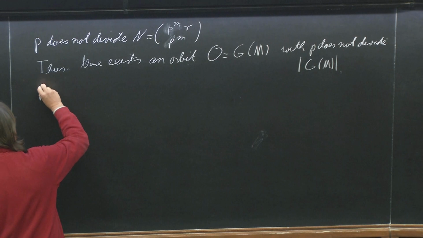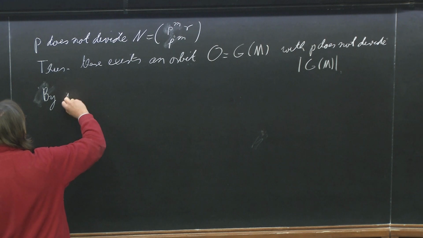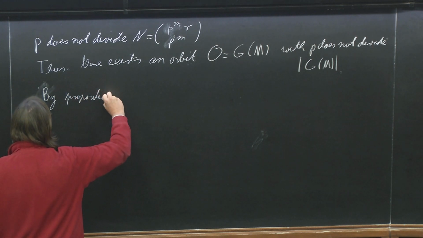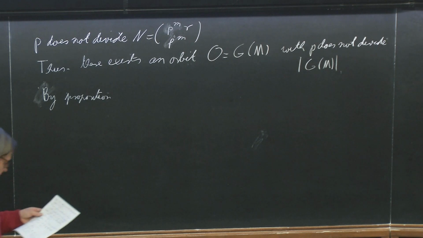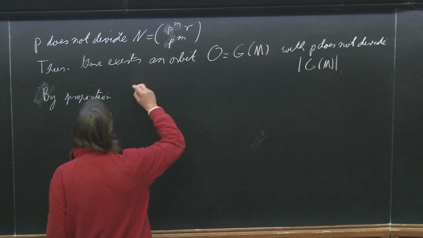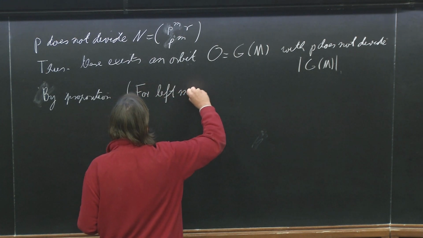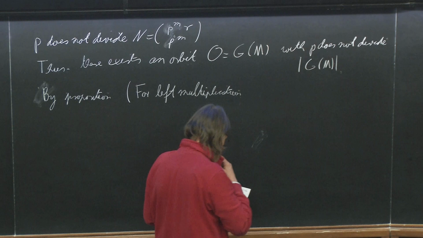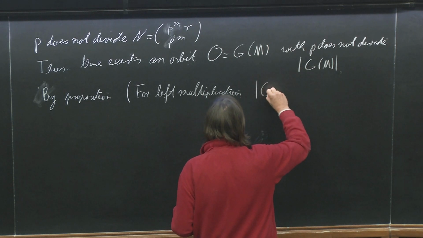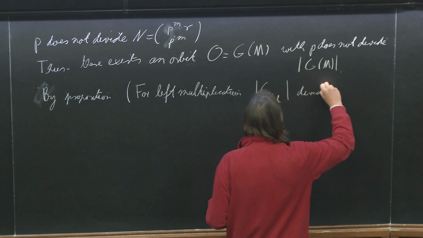So we had this proposition about the action by left multiplication on sets, which said that for the left multiplication, the number of elements in the stabilizer of a subset U divides the number of elements in U.